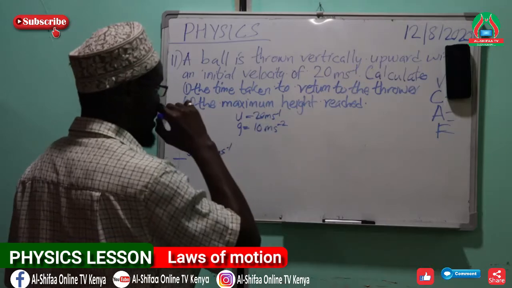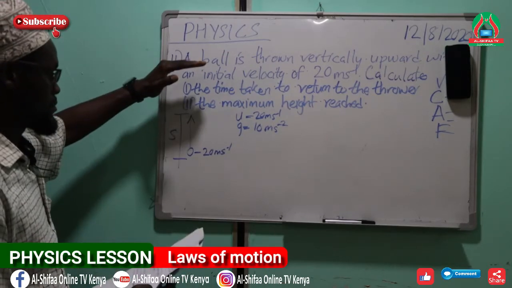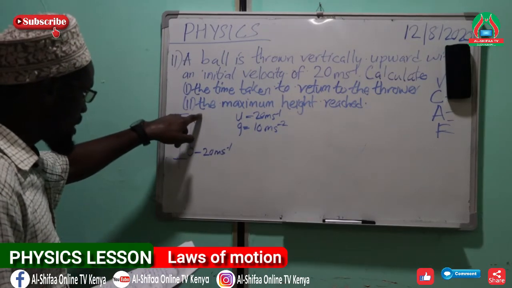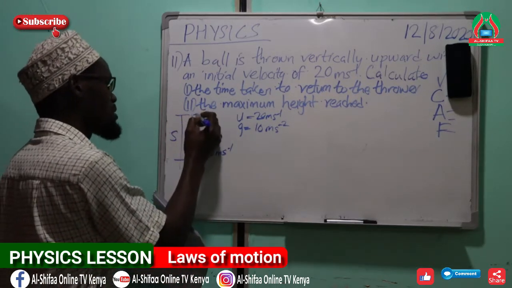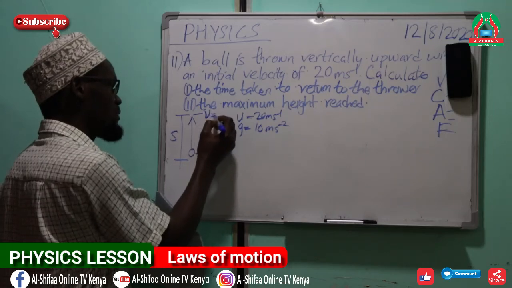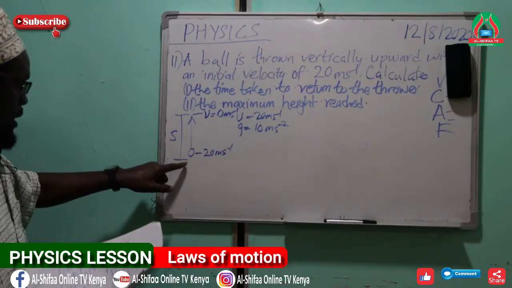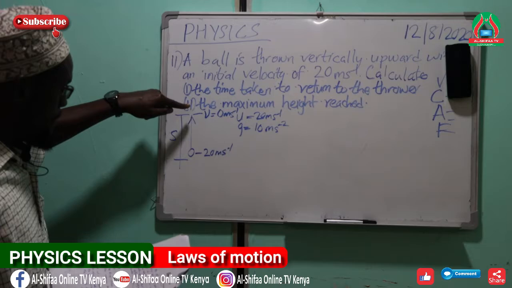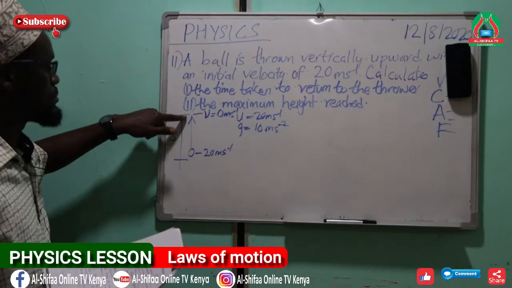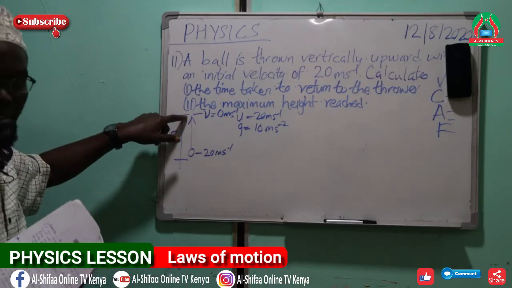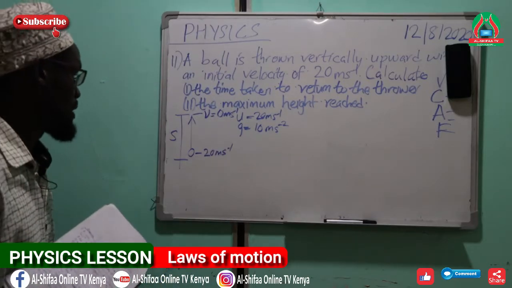Then when an object moves upward, the moment it reaches the peak, before it goes down, the final velocity is 0 meters per second, because the ball stops momentarily and starts going downward.